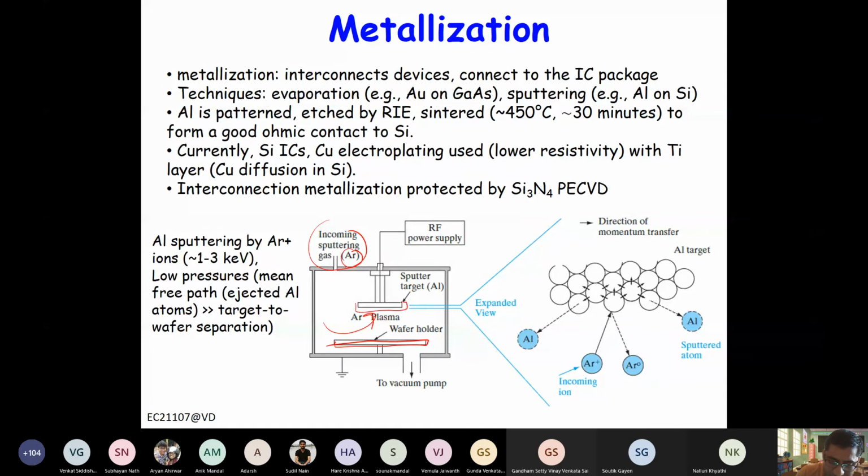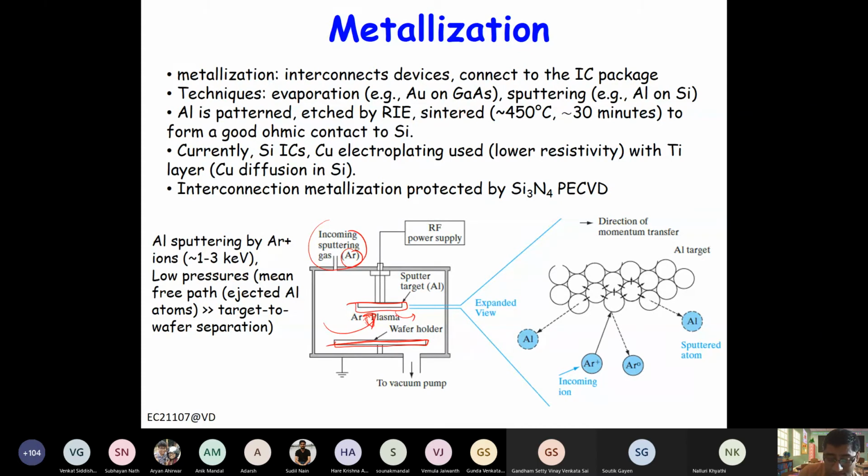So this surface can be any metal, aluminum, copper, right? And once these argon ions hit the surface, these metals are knocked out, and then they will deposit on the wafer, right?